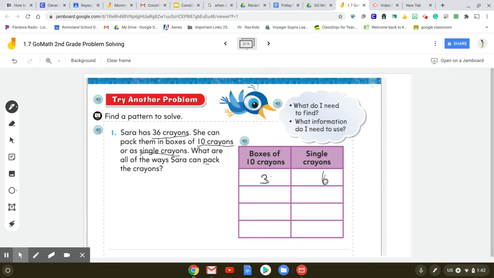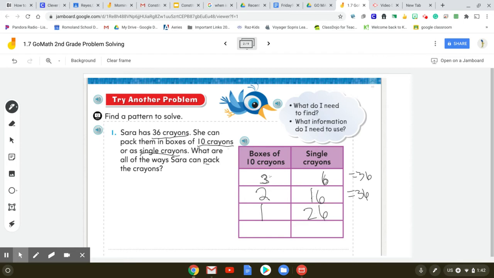I'm going to take one of the 10s away, make this 2 tens, and give that 10 over here to my single right here. So 2 plus 1 is 3. It's still 36, okay? These are all going to equal 36. I'm going to take one more 10 away, make this a 1, and bring that 10 over to my single crayons.